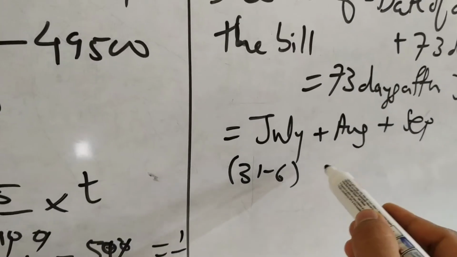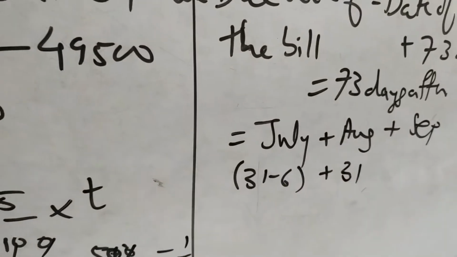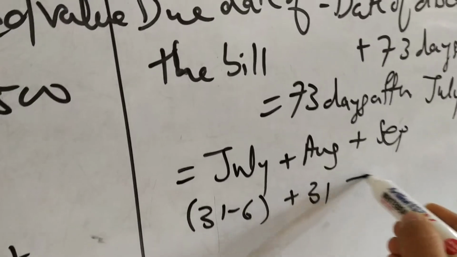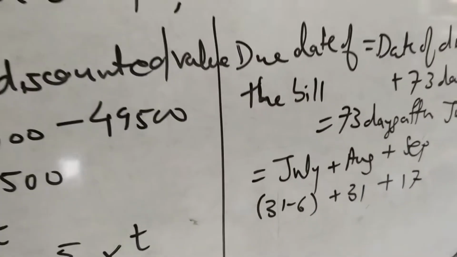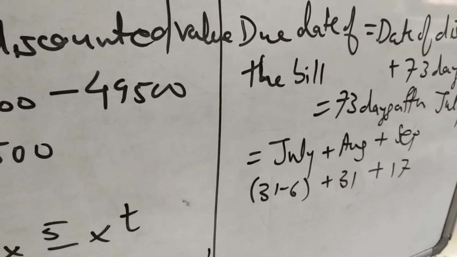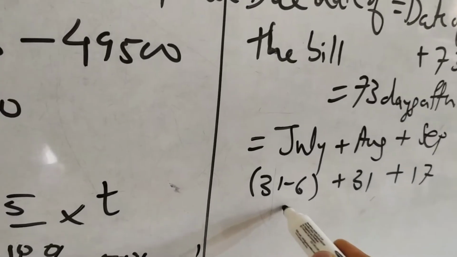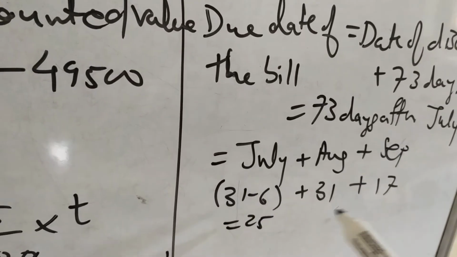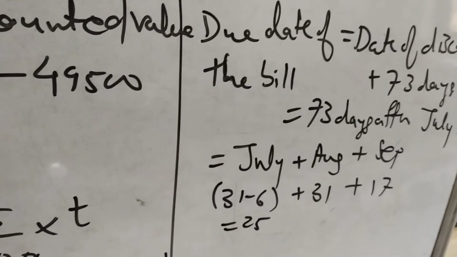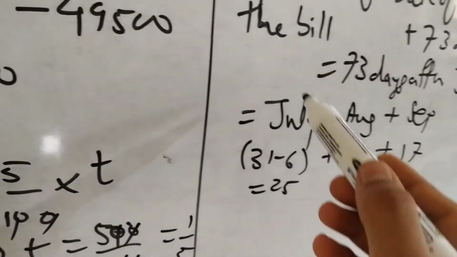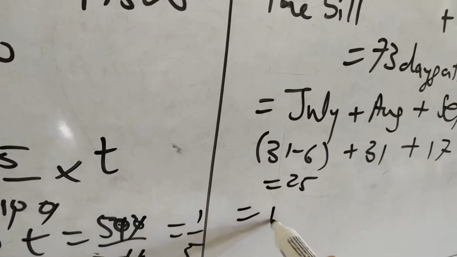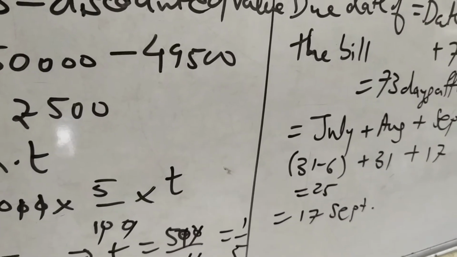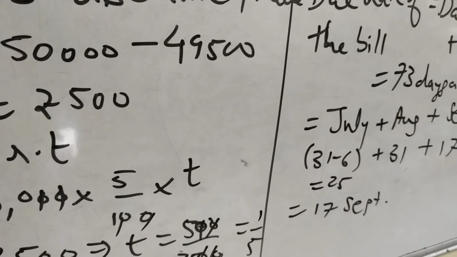So this 25 plus August 31, 25 plus 31, we need 17 more days so that the total will become 73 days. So 25 plus 31 plus 17 becomes your 73 days. So due date of the bill becomes 17 September.